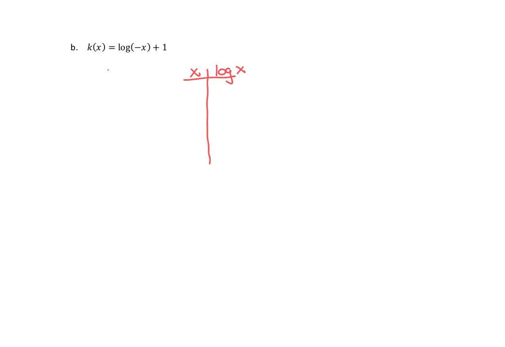And before we do the basic logarithm, I want to do my exponential. This is log base 10, and so my exponential is going to be 10 to the x.